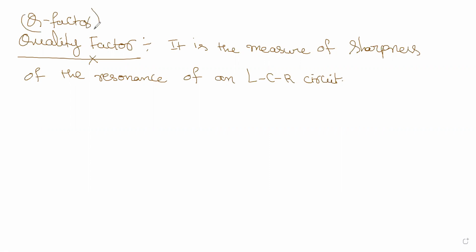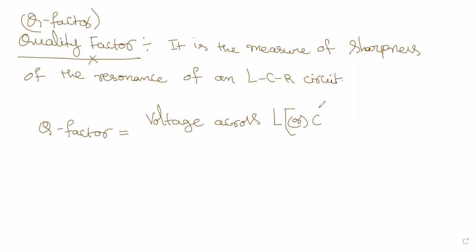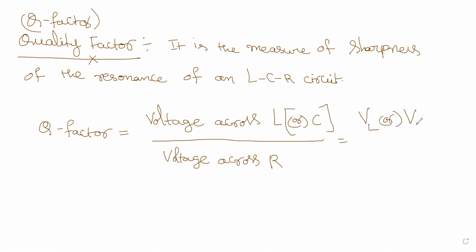Q factor is given by voltage across L or C, along the inductor or along the capacitor, whole divided by voltage across R. So in fact it is given by VL or VC, one of the things you have to consider, divided by VR.